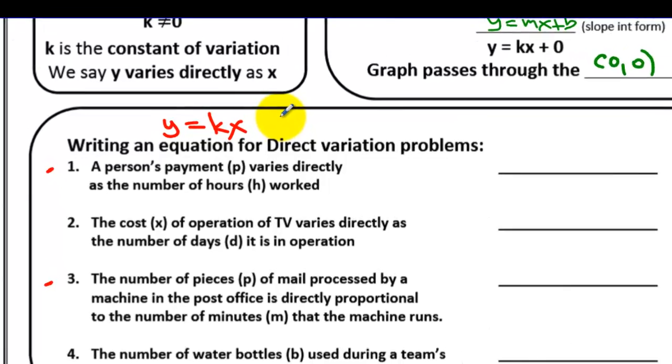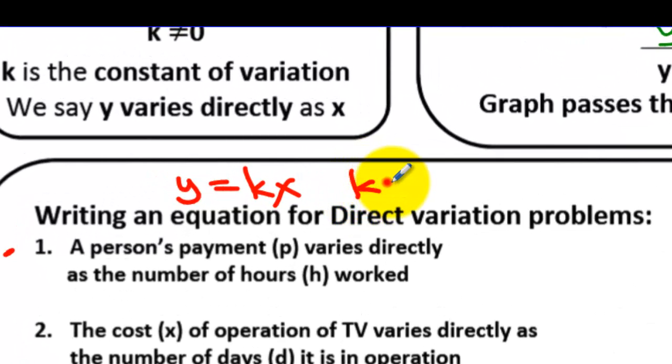And our constant of variation or the slope is your y divided by x. Again, we can find our constant of variation or the slope by dividing both sides by x to isolate our k, and then here your k is equal to y over x.